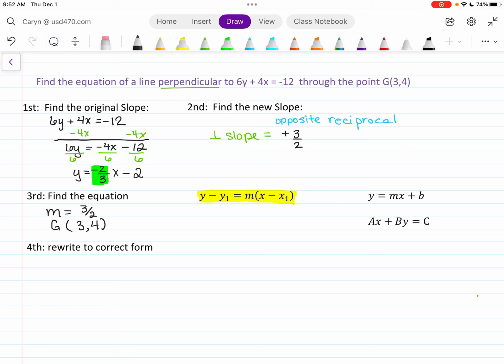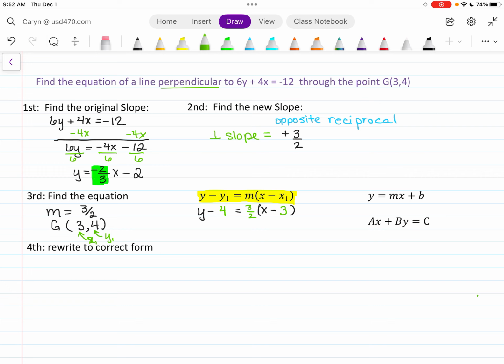Okay, so the x and the y are the variables, so we get to keep them. I'm going to substitute in 4 for my y1, and we're going to substitute in 3 for my x1, and we're going to substitute in 3/2 for my slope. Now I have an equation.